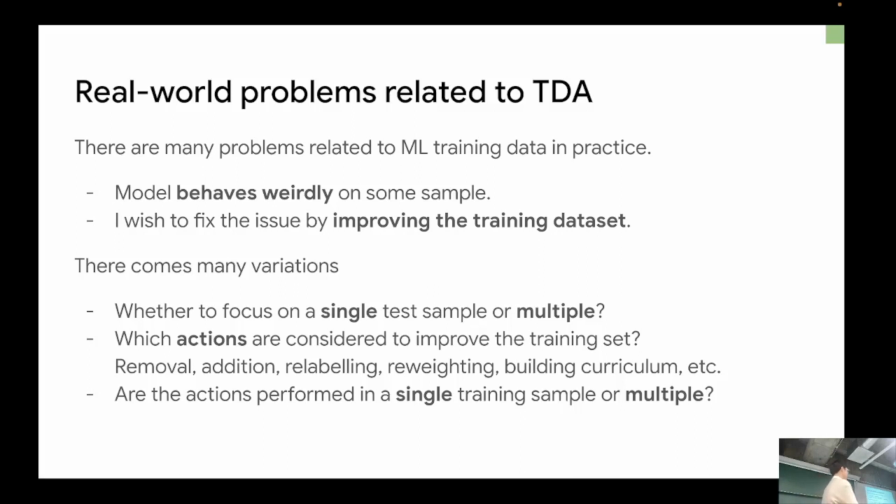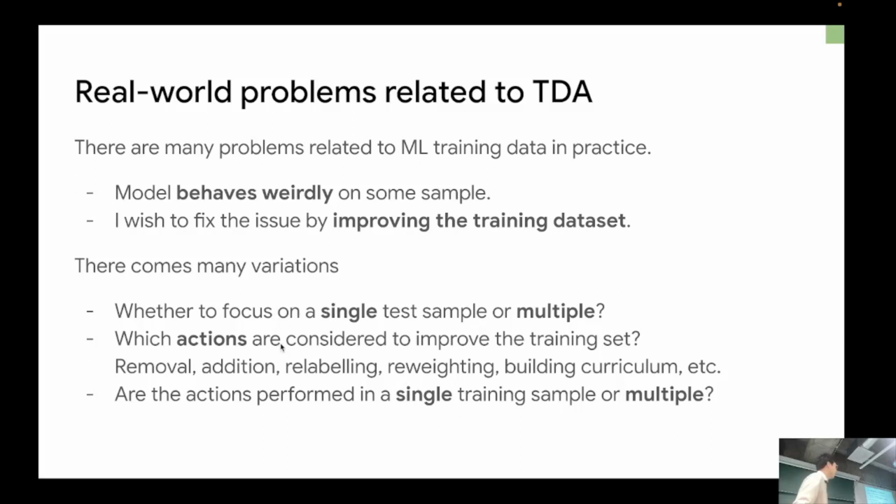Or sometimes you're interested in identifying, let's say for a generative model like a language model that generates some sentences, whether by copying and pasting this sentence into my creative work, am I infringing upon anyone's copyright? Or am I actually making use of some private information of someone else? For that, we also need to attribute the current generation to some training samples. So for that as well, we need some TDA approach.